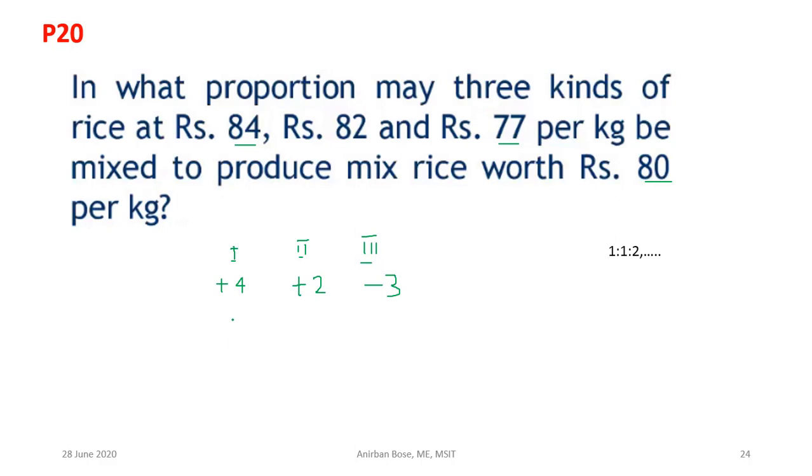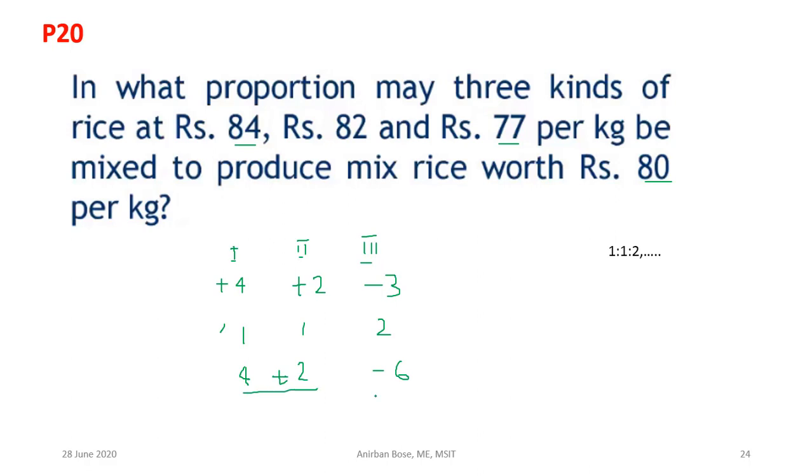There may be multiple different answers, but you just think, let us consider we have taken this one, that means the 4 will come, plus 4. We take it, say this is also 1, so 2 will come, and we take this third kind, say 2. If the third kind is 2, then minus 6 will come.